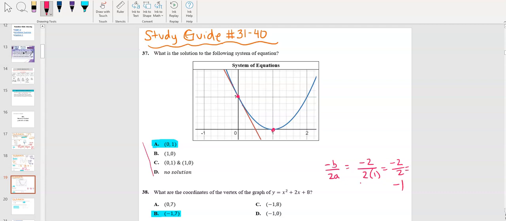That is my x value, so already I know it cannot be a because x is negative 1. I am now going to plug negative 1 into my equation. 2 times negative 1 plus 8. This is 1 plus negative 2 plus 8. That's going to be 1 plus 6, which is 7, and that's how we get b.